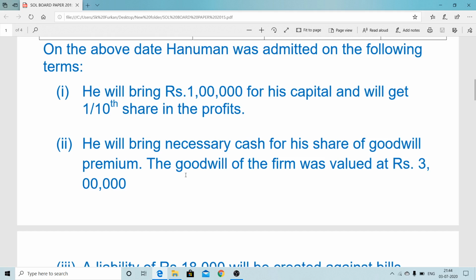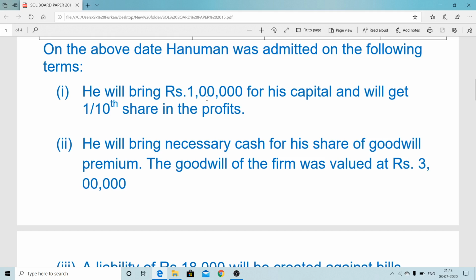In this case, the total goodwill was provided as 3 lakhs. So if Hanuman wants to pay his share of goodwill, it is 3 lakh into 1/10, that is 30,000. He has to pay 30,000. These two are the primary conditions and accepted by Hanuman.